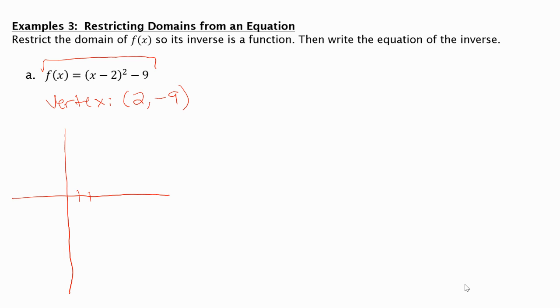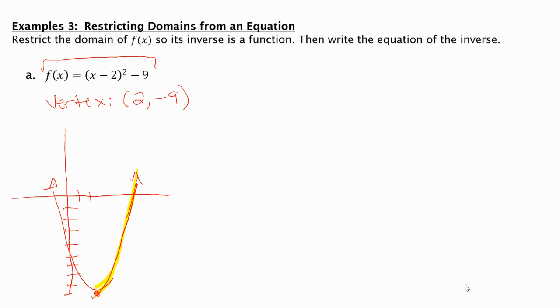And then I got 2, I got -9. I know it's going to be opening up. This is, again, not the best sketch, but kind of a rough sketch here. We know we're just going to focus on just half of this parabola. So maybe like this half right here.